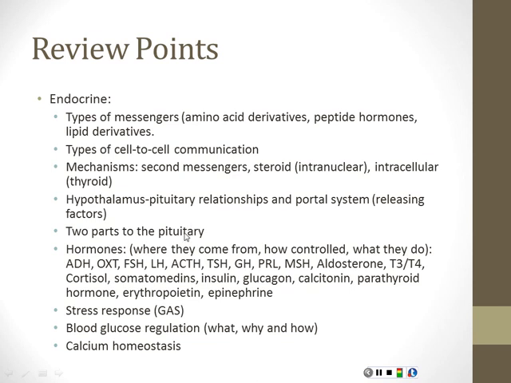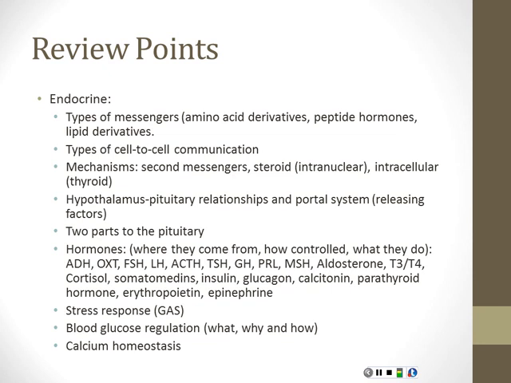The neurohypophysis, or the neural part of the pituitary, produces oxytocin and ADH, and then the front part of the pituitary, the adenohypophysis, produces the other pituitary hormones. So FSH, LH, ACTH, TSH, GH, prolactin, and melanocyte stimulating hormone. Okay, so you will see them as both spelled out and their abbreviations, because the textbook publisher sort of uses both. So be familiar with both.